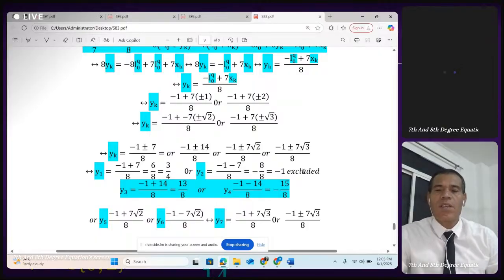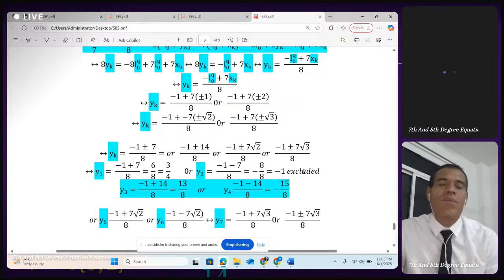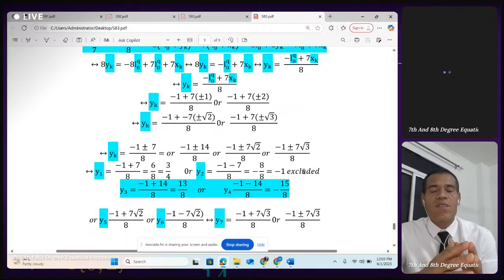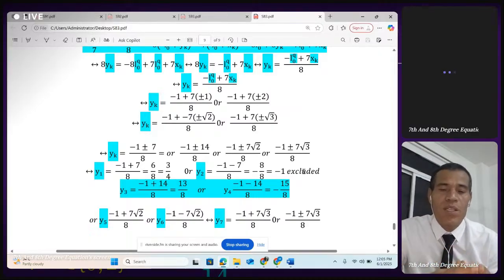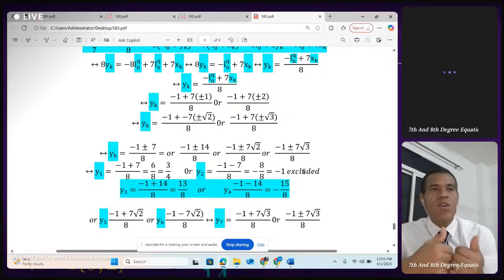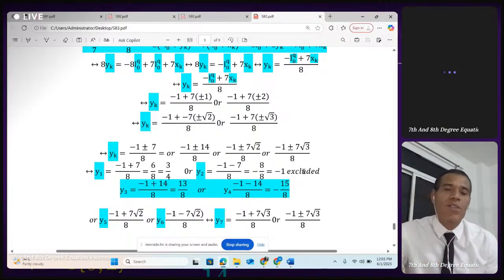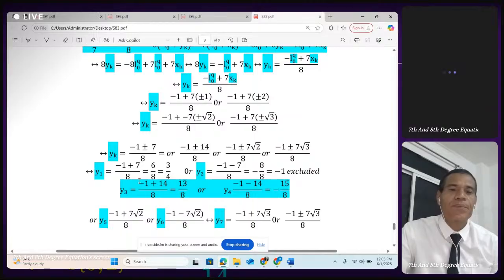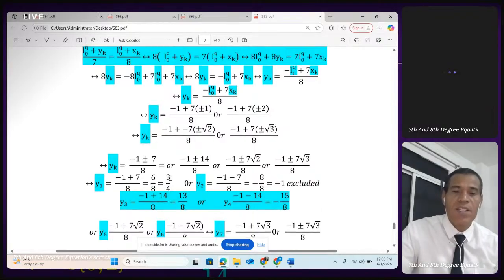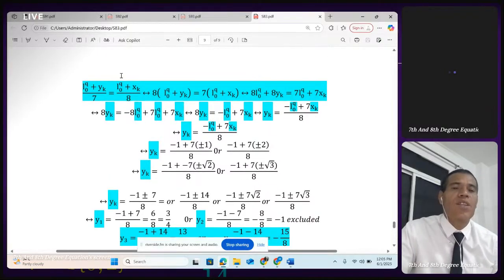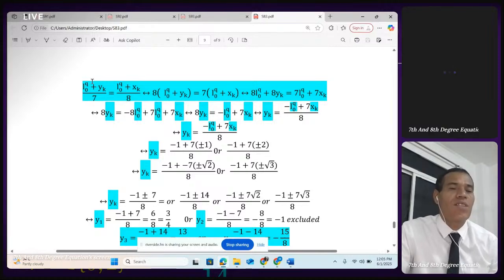Thank you for listening. Here we gave you an example, a 7th degree form equation, and we extended this 7th degree form equation to obtain an 8th degree form equation. We solve the 8th degree, and we go back to make the relationship between the 7th degree and the 8th degree using this substitution: L0 of q plus yk divided by 7 equals L0 of q plus xk divided by 8.